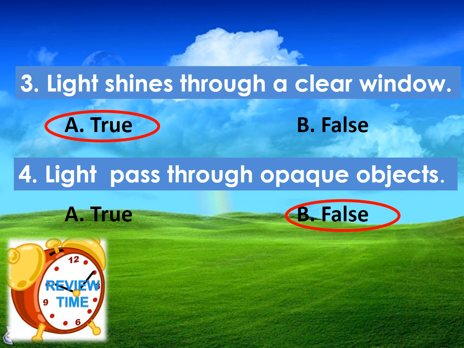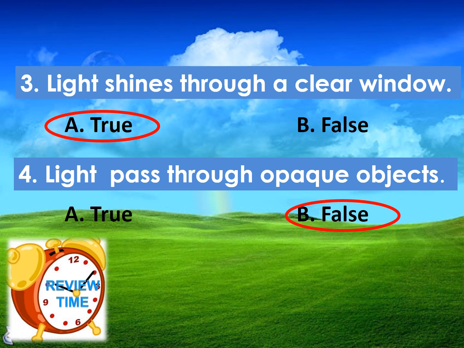Light doesn't pass through opaque objects. What are examples of opaque objects? We have your bags, your pants, your shoes, a wooden door, and yourself.